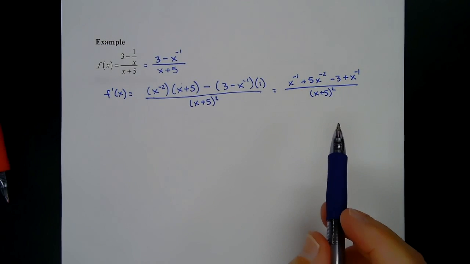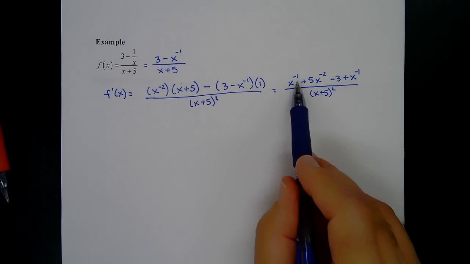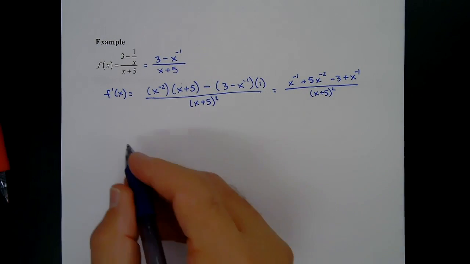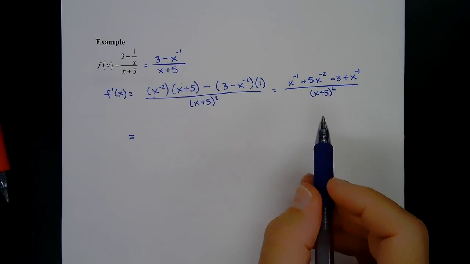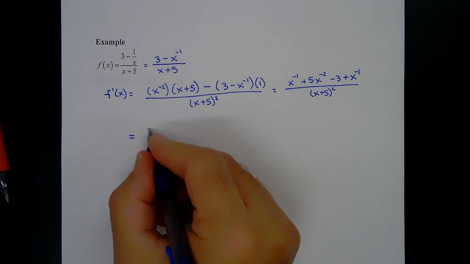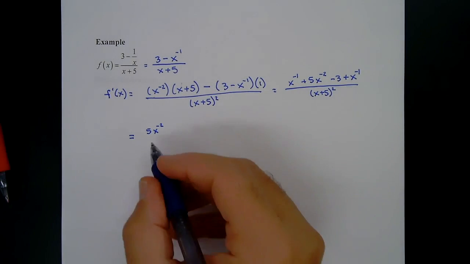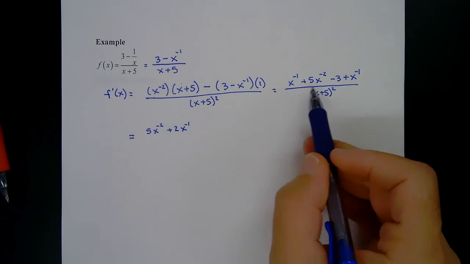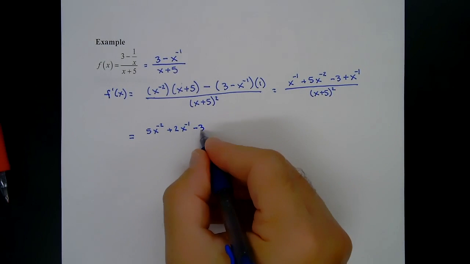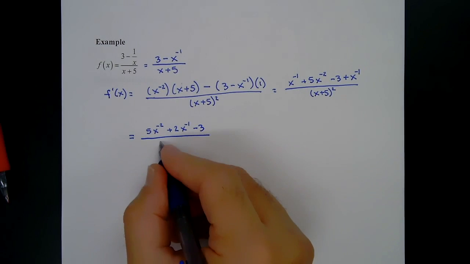Okay, so we can do some combining here because we have one of these x to the negative ones, and we have another one here. So that makes this derivative become 5x to the negative 2 plus 2x to the negative 1 minus 3 all over x plus 5 squared.